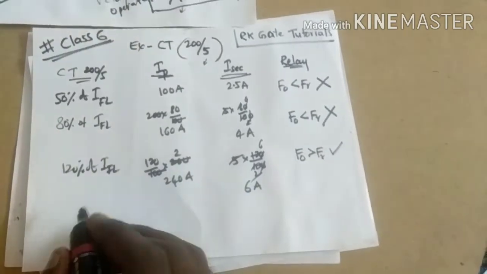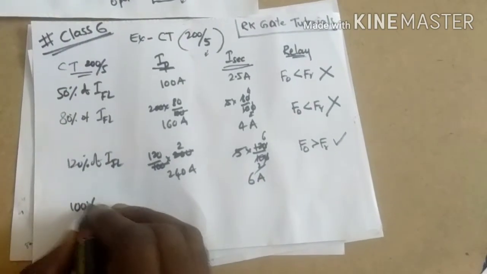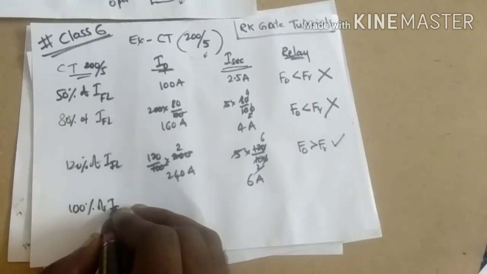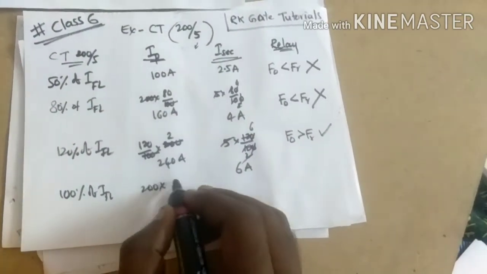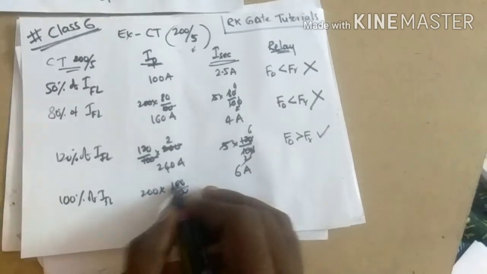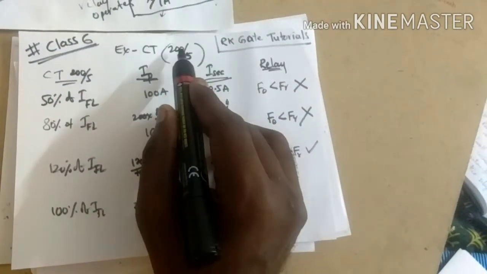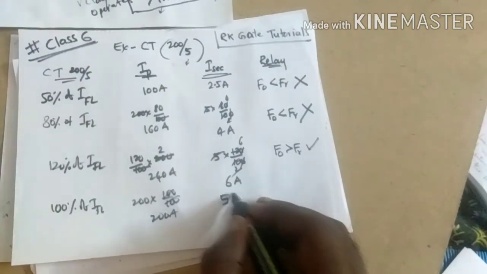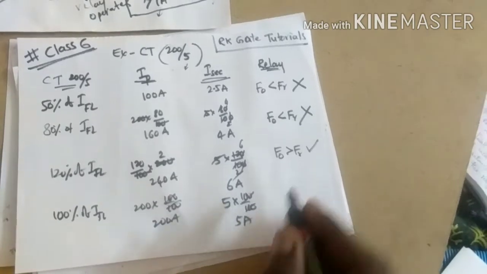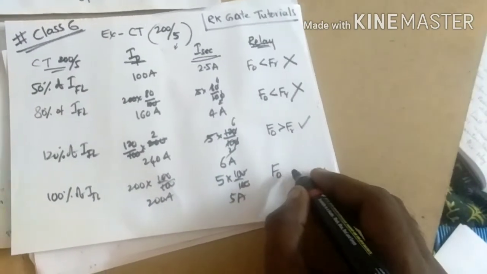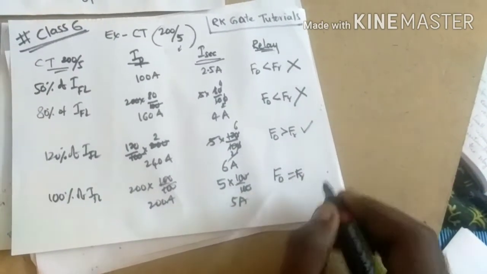Now let us see one more condition, that is 100% of full load current. 100% means 200 into 100 by 100, so 200 amps only. The primary is experiencing exactly 200 amps, and the secondary will also experience the same 100%, 5 amps. So here the operating force is equal to the restraining force.